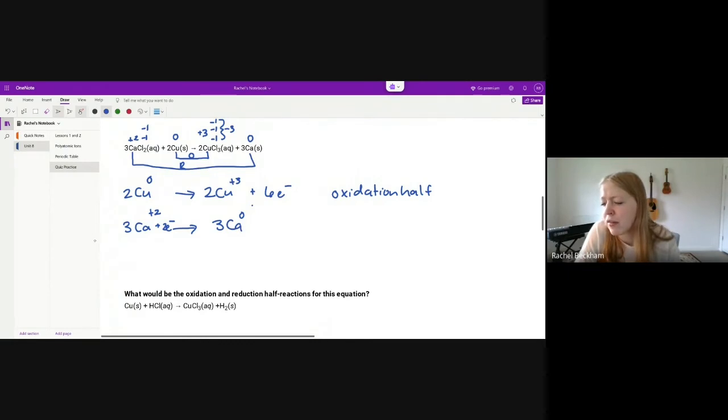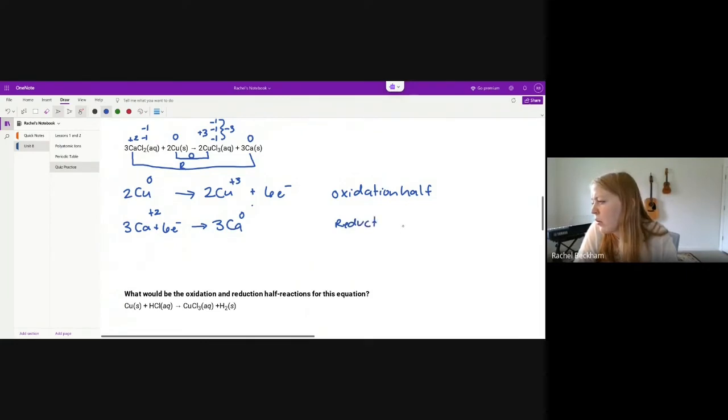So three times it picked up 2 electrons, and so really 3 times 2 is 6. So we can write it like, I'm running out of space here, plus 6 electrons makes 3 Ca over here. So this is called the reduction half.